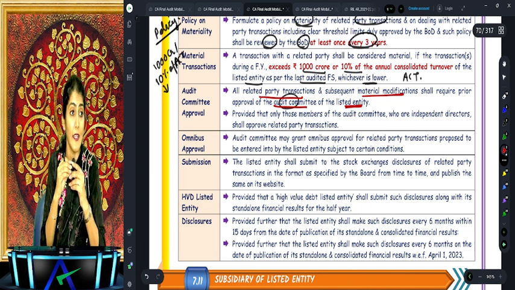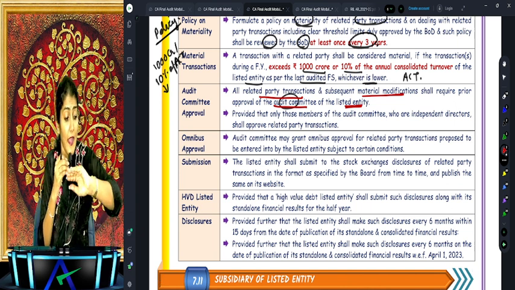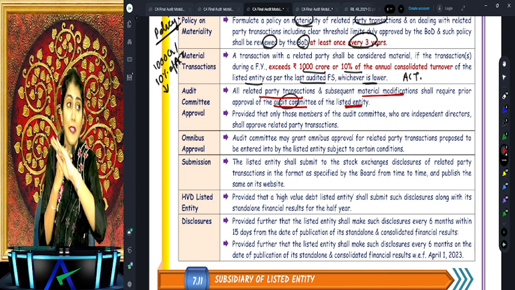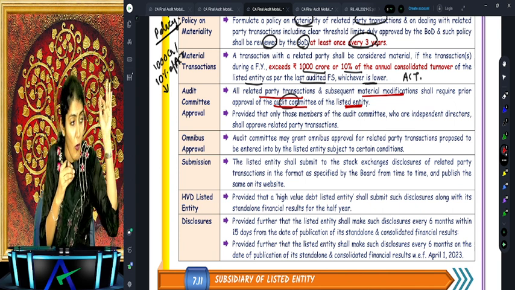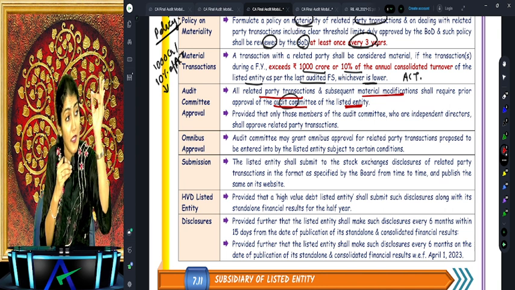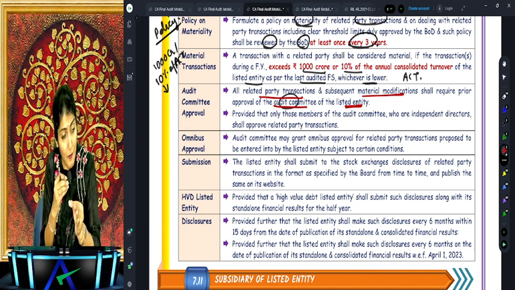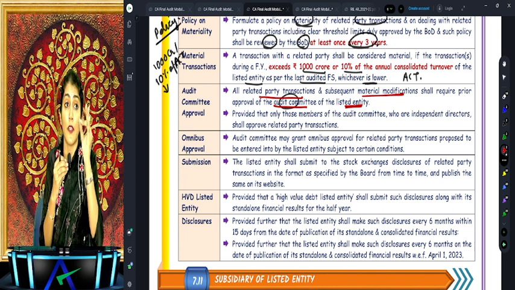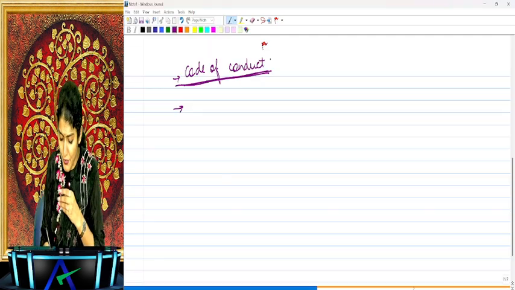Right. So can anything regarding related parties move without the approval of the audit committee? Nothing. What does it say? All related party transactions and any material modification shall be done only with the prior approval of the audit committee.